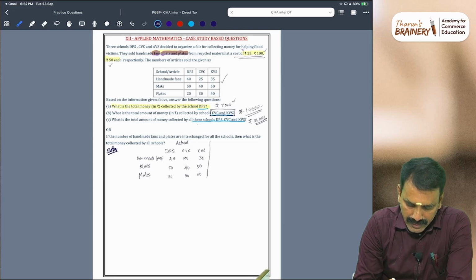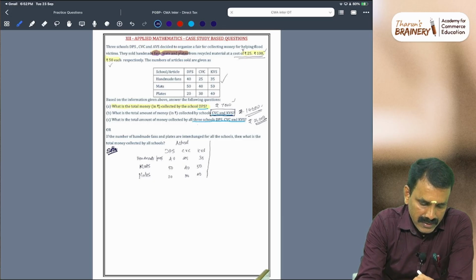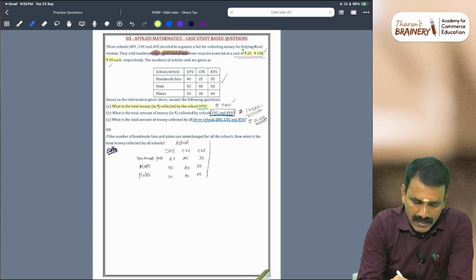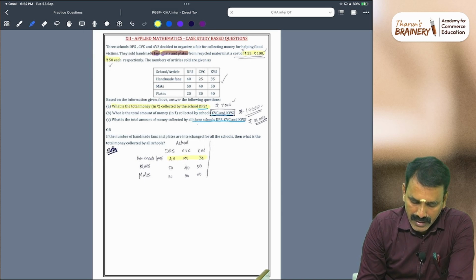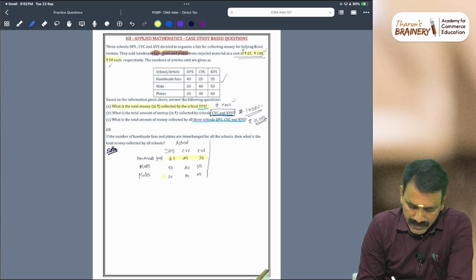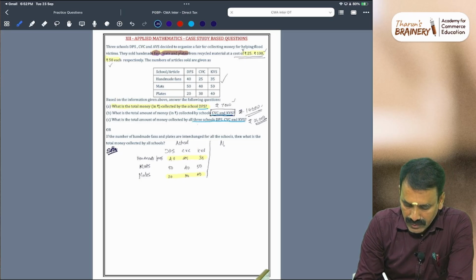Now what have they given? If the number of handmade fans values are interchanged with plates, these two rows are going to be interchanged. Is it clear? So after interchanging, the rows are getting interchanged.